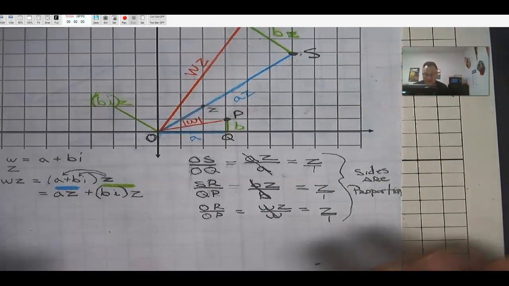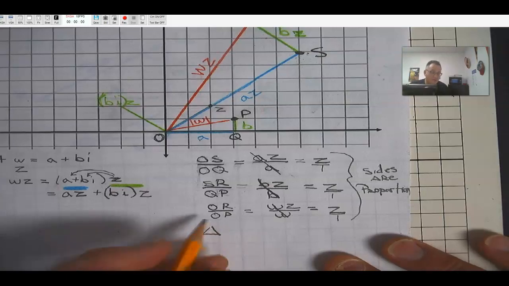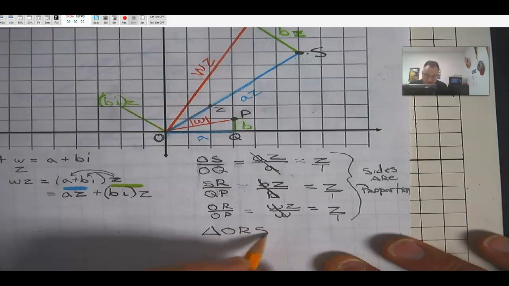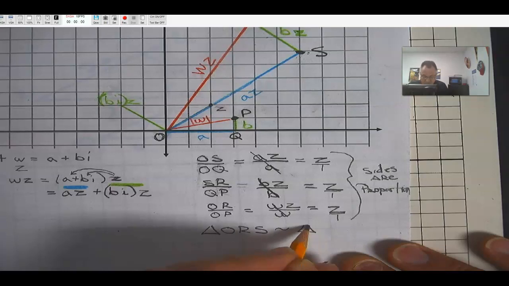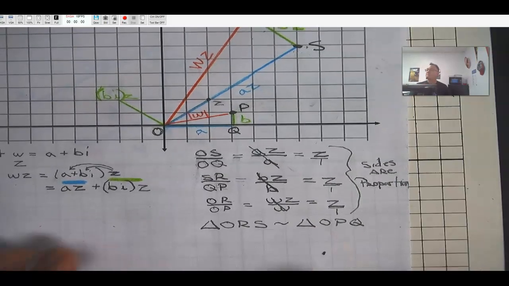And if the sides are in proportion, then you can say that triangle ORS, that's the big triangle, is similar to triangle OPQ. That's the small triangle.